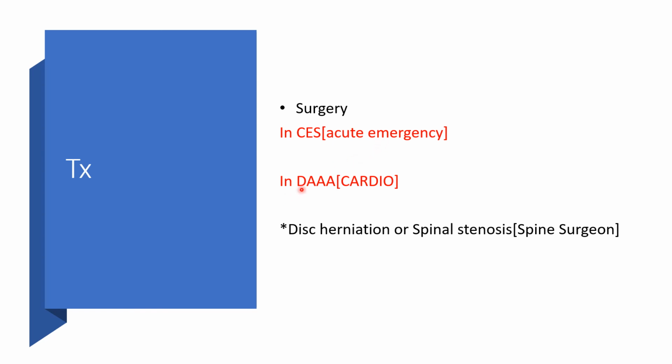In the case of dissecting abdominal aortic aneurysm, cardiothoracic unit immediately. In disc herniation or spinal stenosis, we revert to spine surgery.